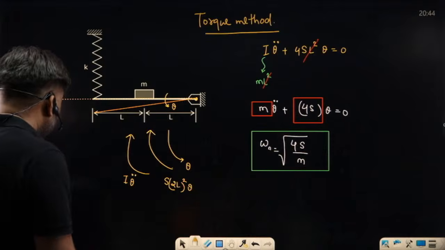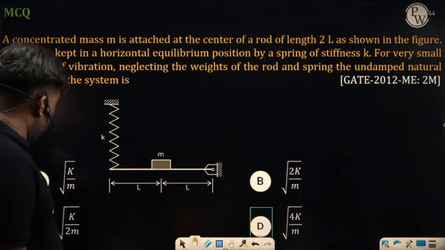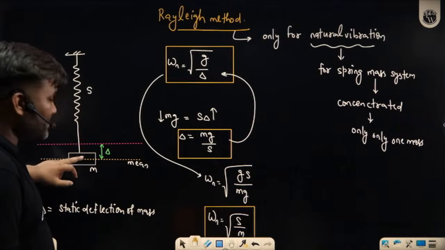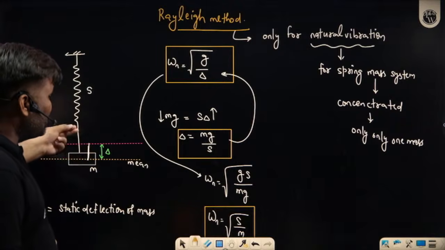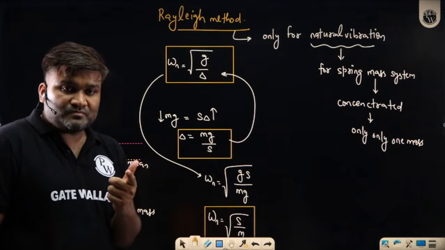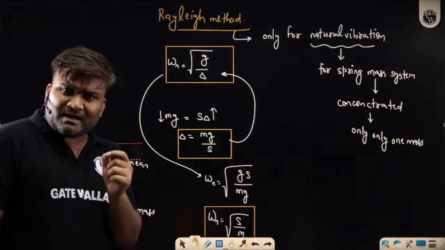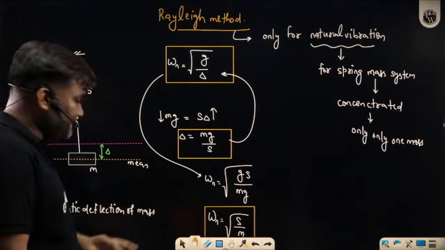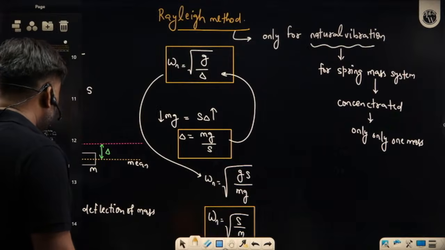In the case which I had taken as an example, the mass and spring were connected, so the mass's movement and the spring's deflection luckily were the same. So you are not finding the deflection of the spring, you are finding the static deflection of the mass. I hope this is clear now.